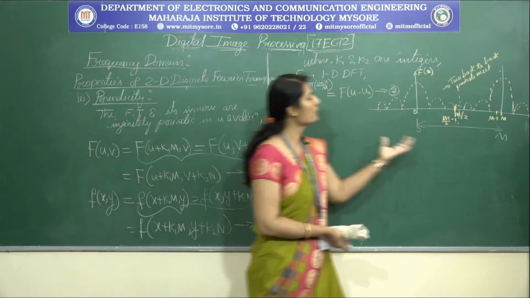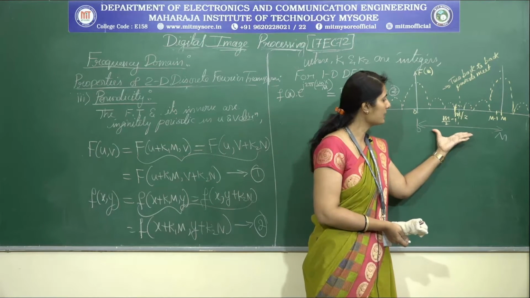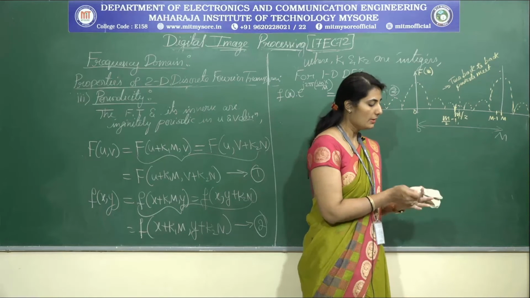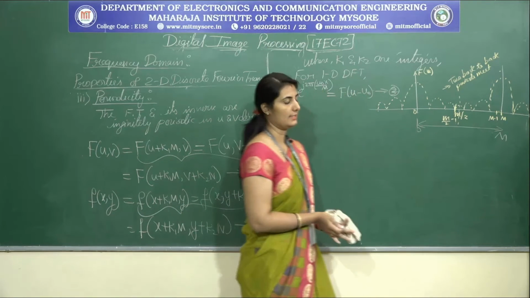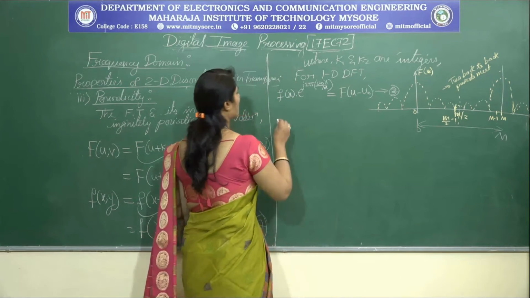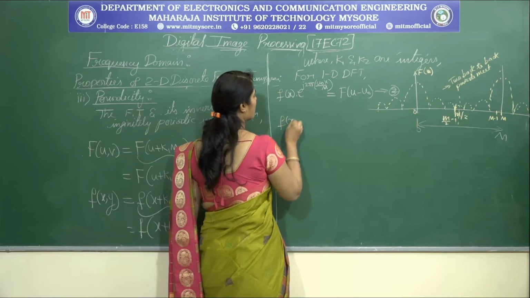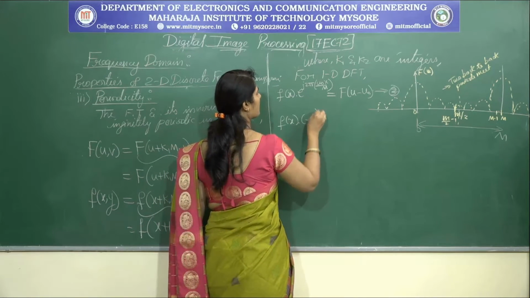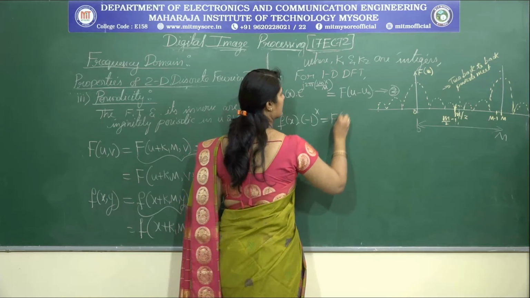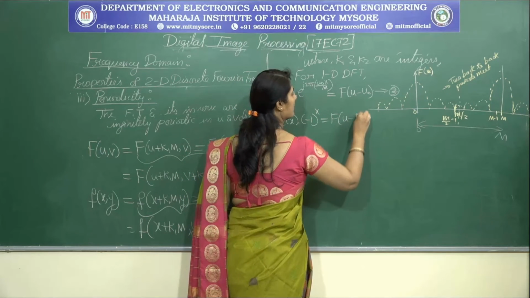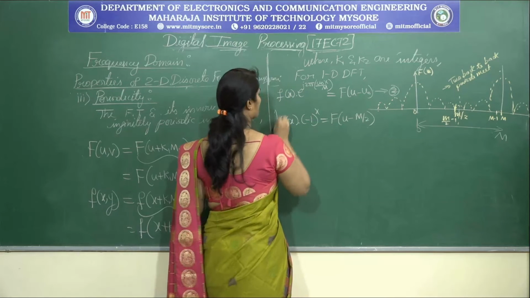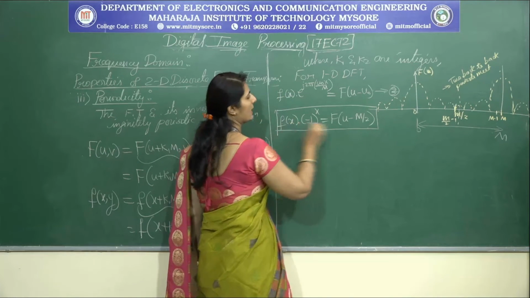In order to obtain one complete period in the samples 0 to M, we have to shift this signal. This shifting can be performed by multiplying f of x with minus 1 power x. Then the resultant signal is F of u minus M by 2, where the shift is by M by 2.